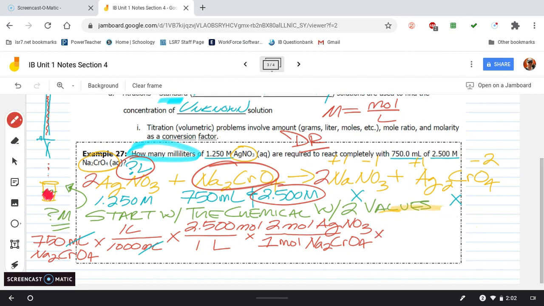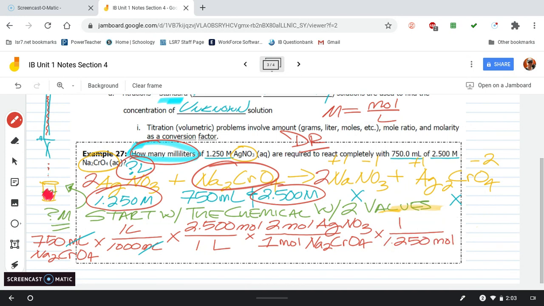Okay, so now I have moles, but see, we're supposed to go to milliliters. So I'm going to use the moles, and I'm going to again use molarity to go where I want. So molarity is moles per liter, and we know it's 1.25 moles per liter. And so if I want to get rid of the moles, 1.250 moles are on the bottom.